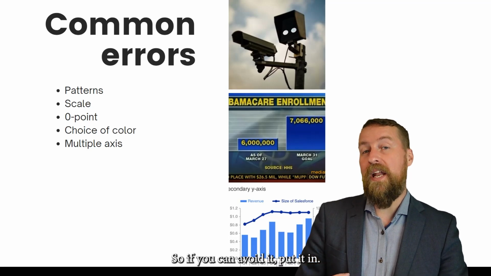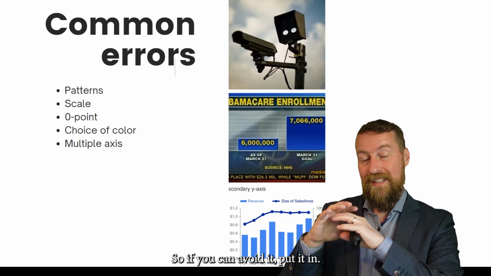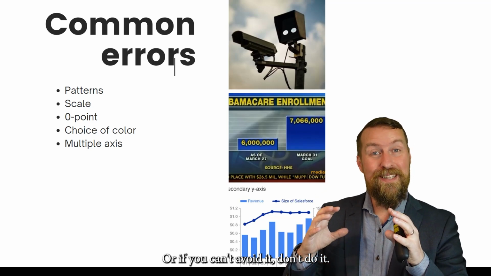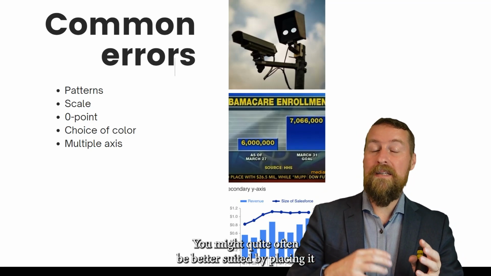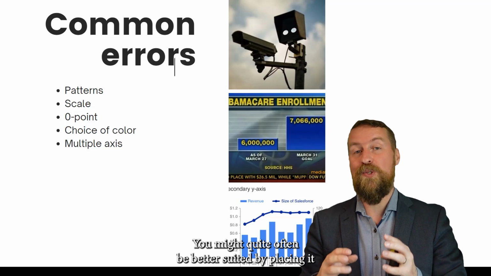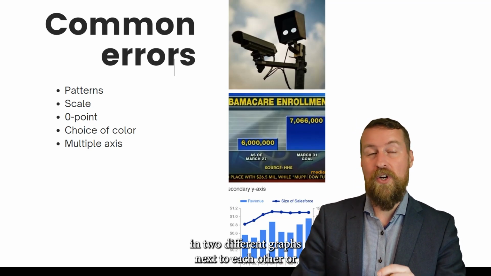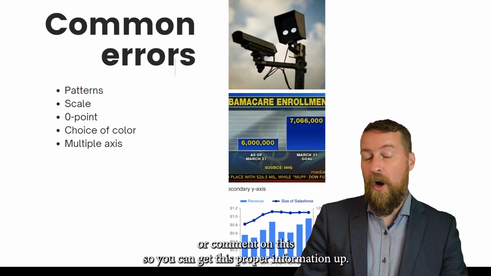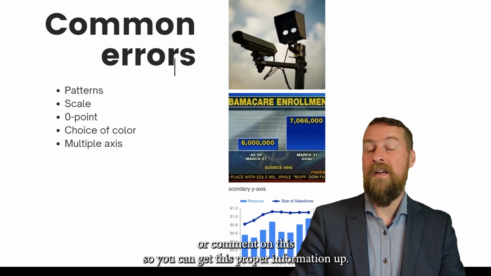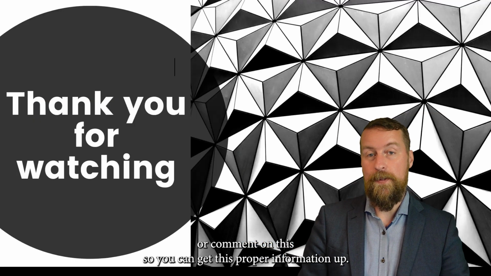So if you can avoid it, avoid it. You might quite often be better suited by placing it in two different graphs next to each other or above or below, or comment on it so you can get the proper information out.